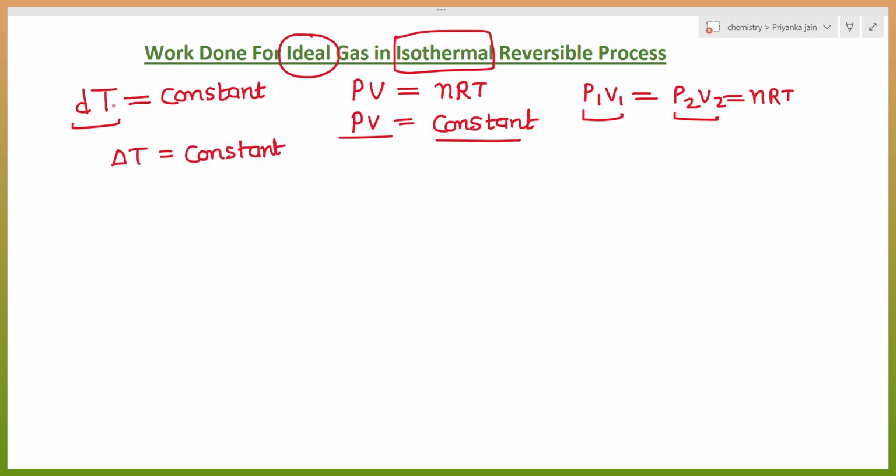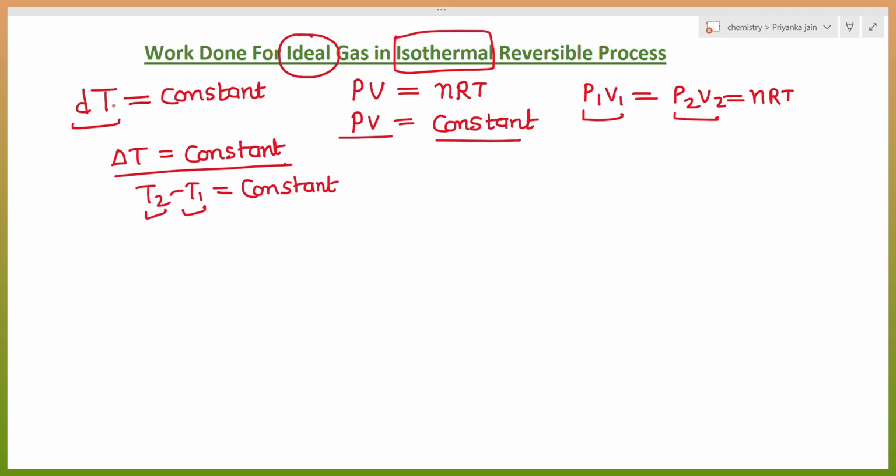Whenever we say delta T is constant, it means T2 minus T1 is equal to constant. And it means that the final and the initial temperatures are the same, but we cannot say that the temperature is constant throughout the process. It may happen that sometimes the temperature is increasing and then sometimes the temperature is decreasing, and ultimately it is going from the initial to final state at the same temperature.